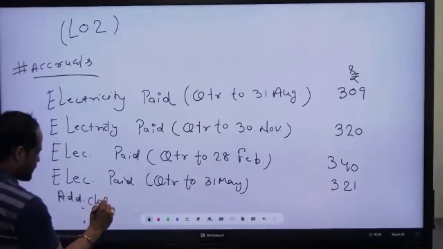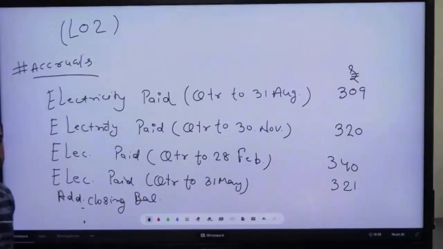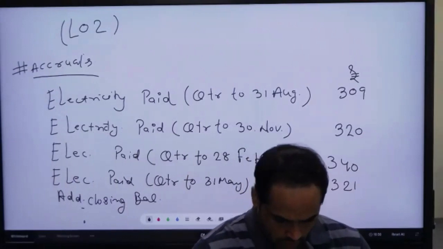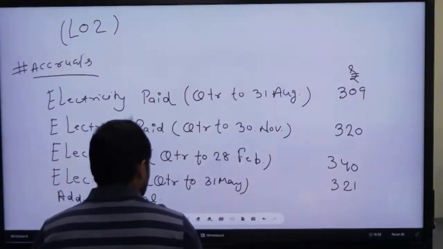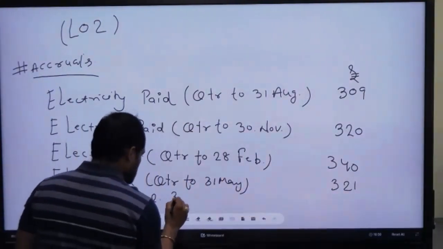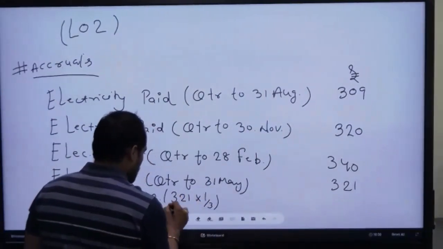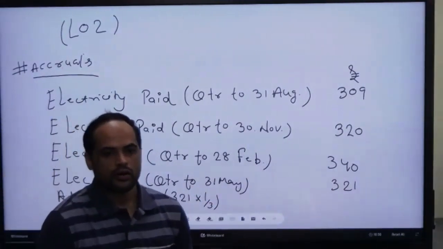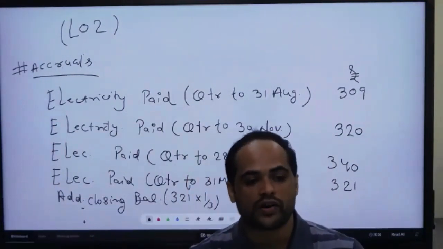The closing balance would be 321 multiplied by a quarter, because 321 is until May, but we will consider only a quarter basis.